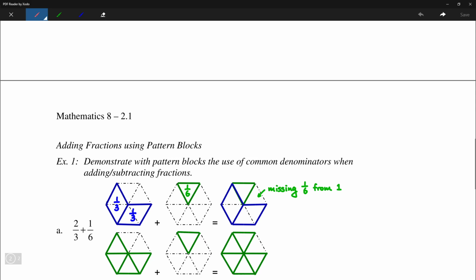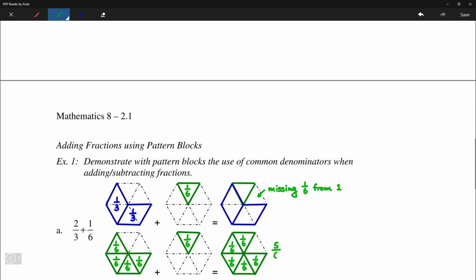So this is 1/6, 1/6. Right, 2/6 is 1/3, and then another 2/6 is another 1/3, plus our 1/6 here, and we get 5 1/6s. So the sum is 5/6.